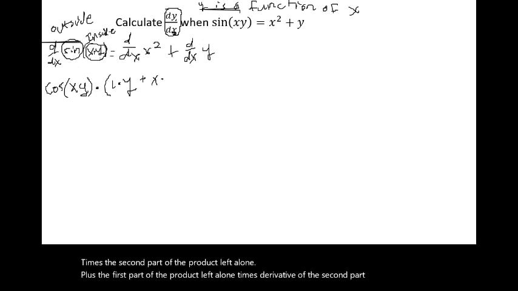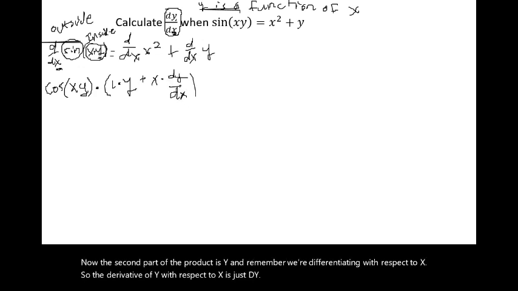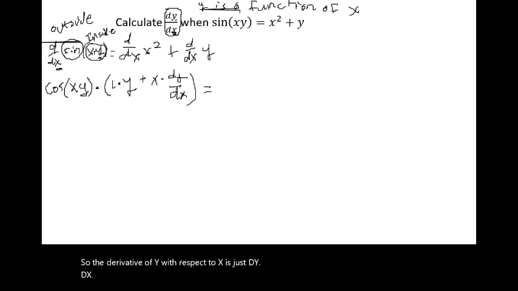Now the second part of the product is y, and remember we're differentiating with respect to x. So the derivative of y with respect to x is just dy dx. Now before we get to the other side of the equation, I do want to point out that unless y is being raised to some other power, you don't need chain rule.